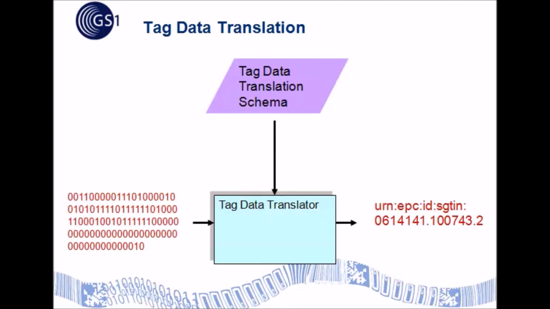You can implement your RFID reader or RFID tag, especially an RFID reader if you want to create your own product. You just need to make sure you can receive the binary code and follow the translation schema, then obtain the EPC electronic product code, and then your RFID reader can be used for any application.